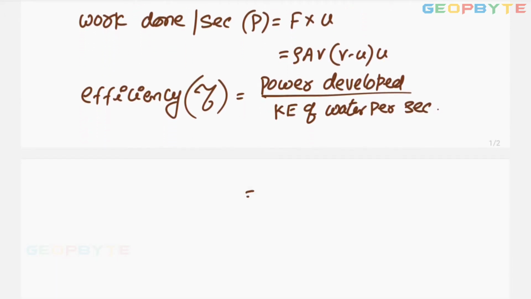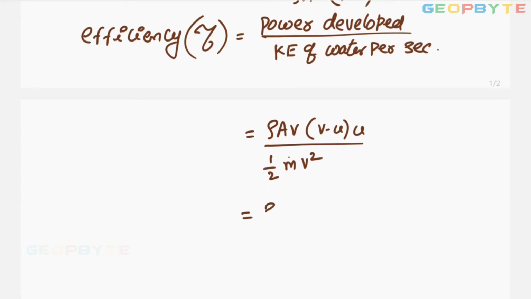Here work developed by the plate is rho a v into v minus u into u, divided by half into m dot into v square, where m dot equals rho a v. M dot means mass of the water entering per second.